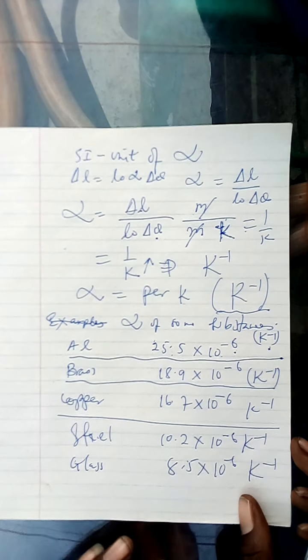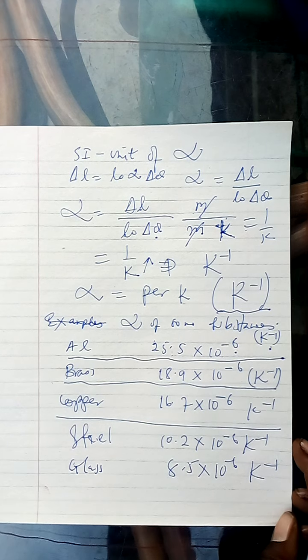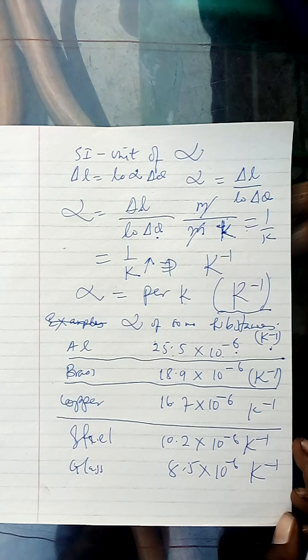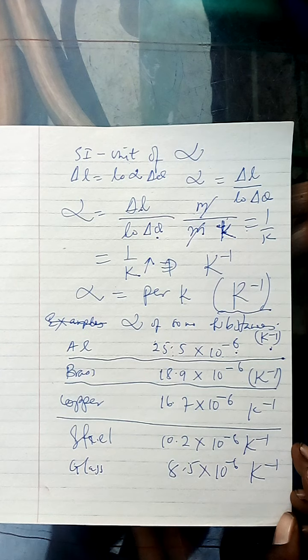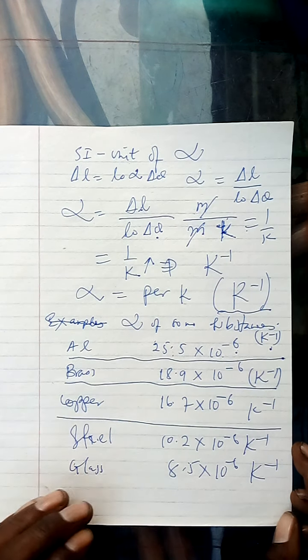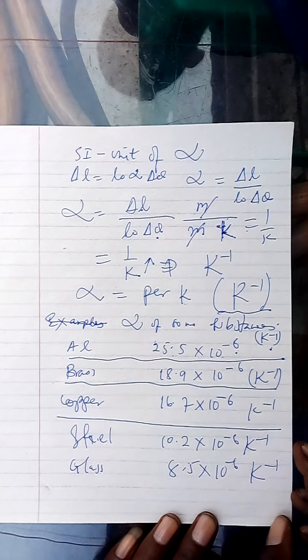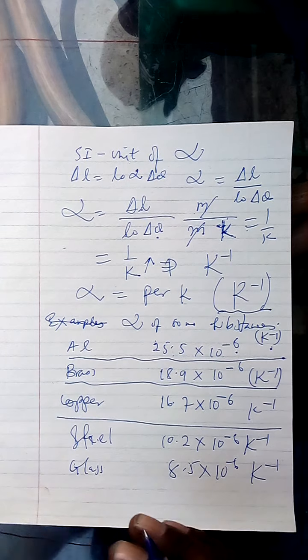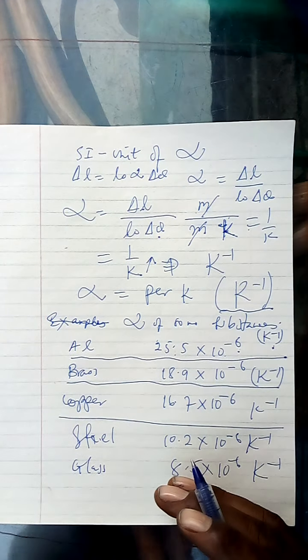Those are the linear expansivities of some substances. We have so many in the world: glass, Pyrex glass, invar, iron, steel, copper, and many more. They have got their own linear expansivity. Have I made myself clear? So this is all. Now let us see how we can solve some examples using this concept.